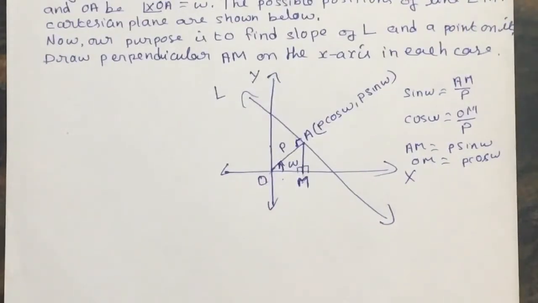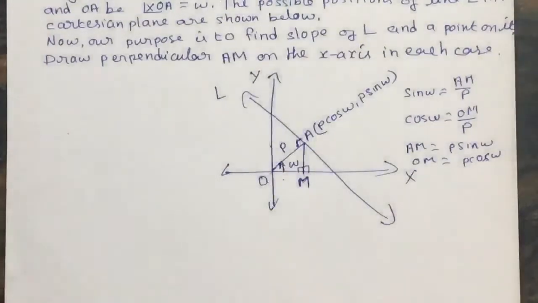Now I need to find the slope of line L. We know the slope of the normal. I need to find two things, that is the slope of line L and a point on it. I got the point A. Now I need to find the slope.